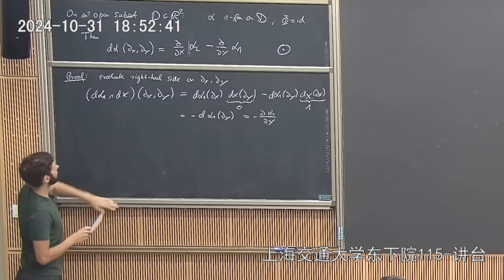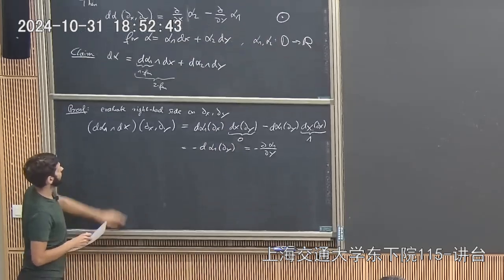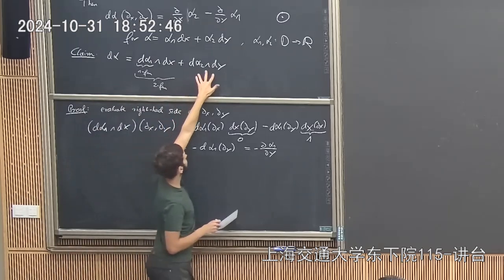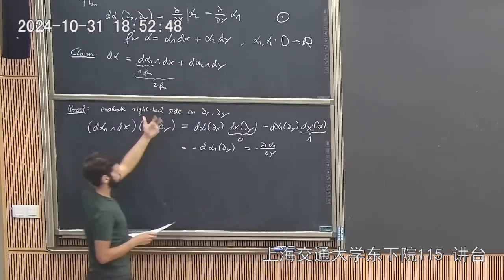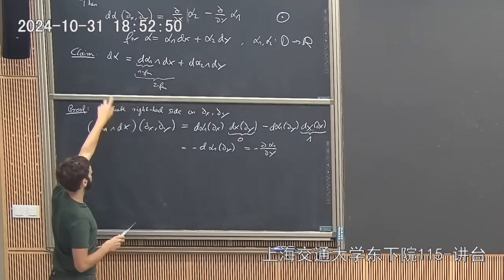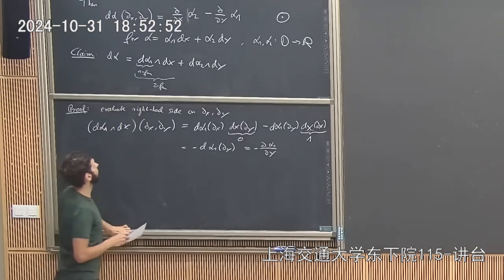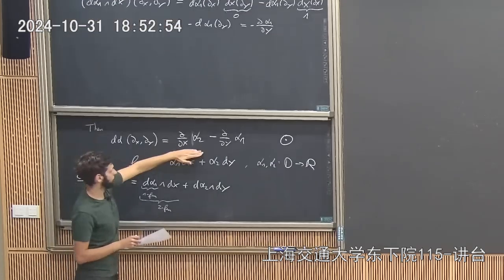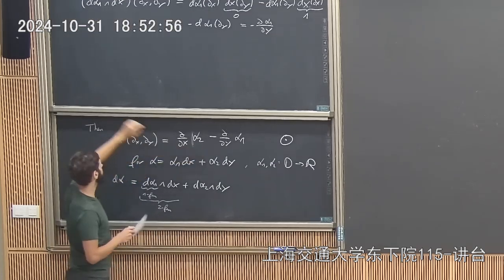And if you now do a similar calculation here for the second term, if you keep track of the minus signs correctly, you end up with this term of dx alpha 2.